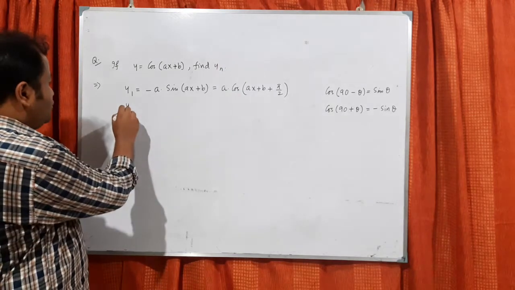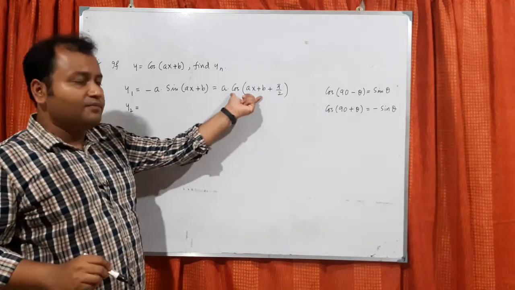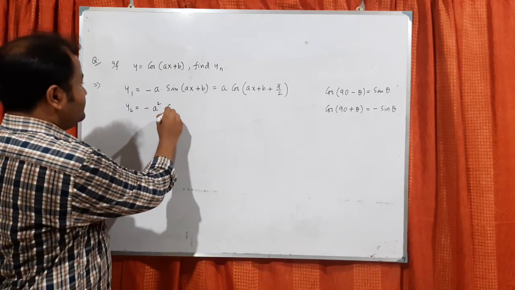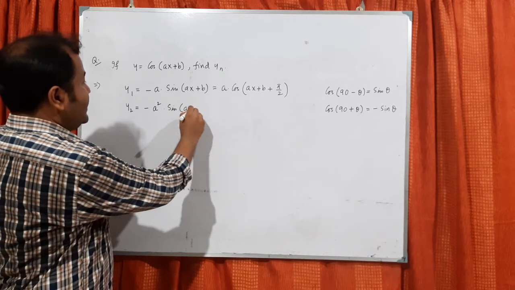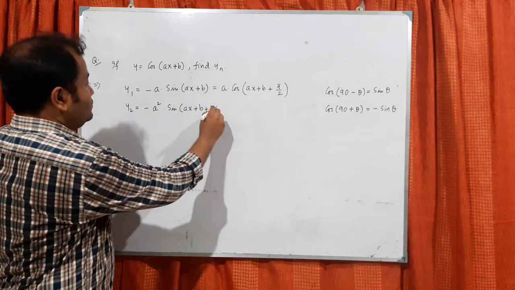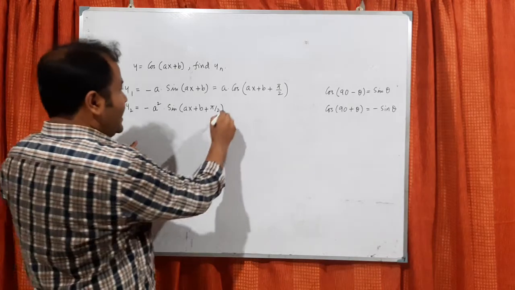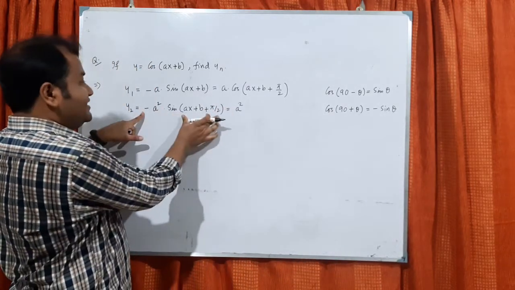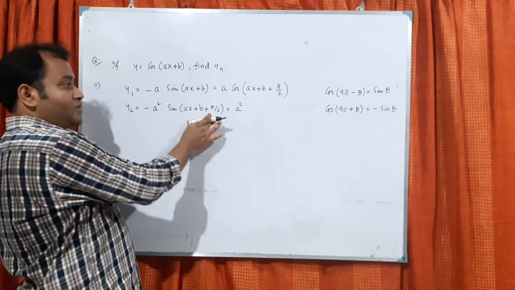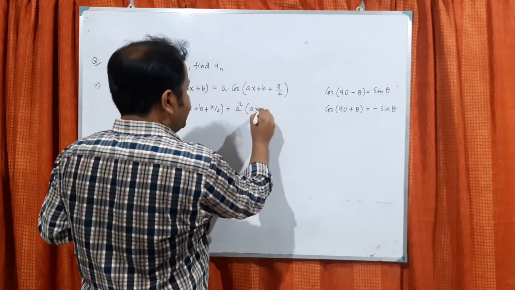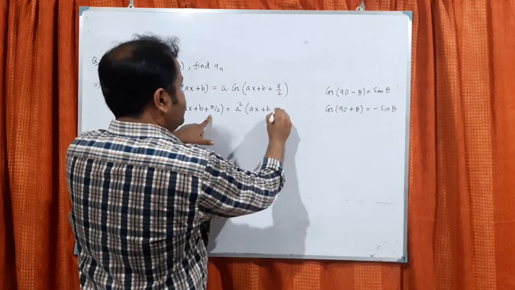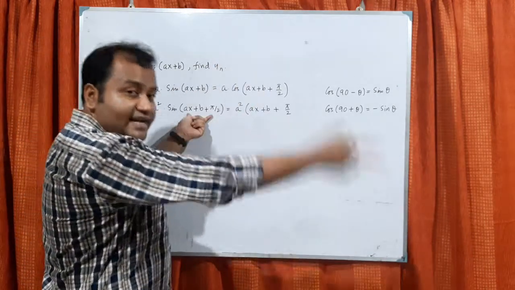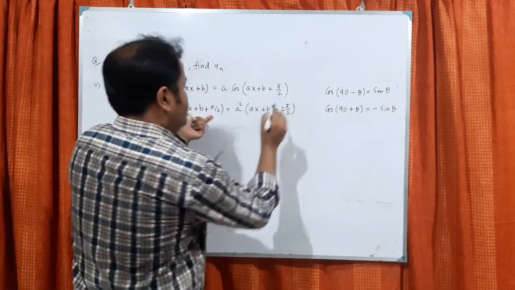Now what about y2? y2 means the derivative of this one, so again minus a square sine of ax plus b plus pi by 2. Now again we can convert this to cos. How? A square, and minus sine theta, where theta is ax plus b plus pi by 2, becomes cos of ax plus b plus pi by 2 plus another pi by 2, so it is 2 pi by 2.